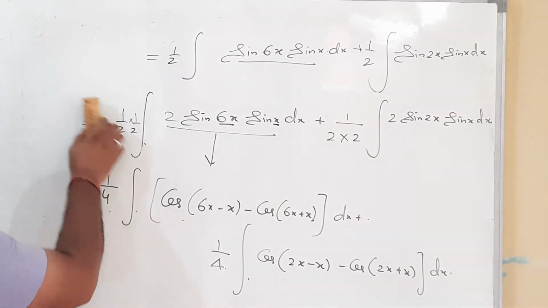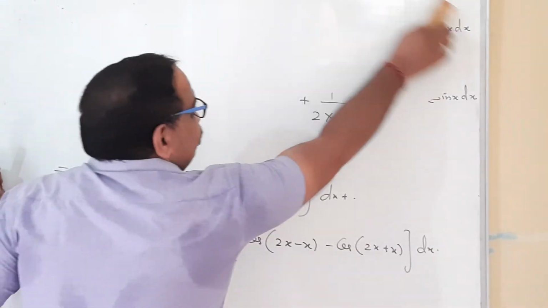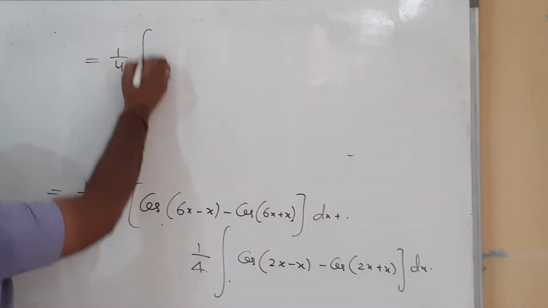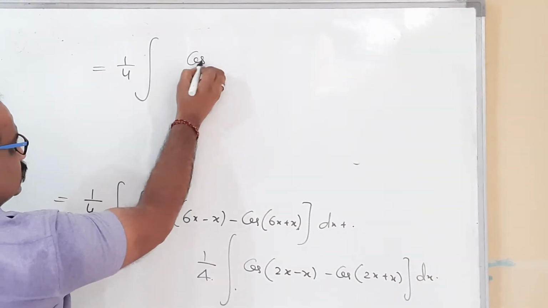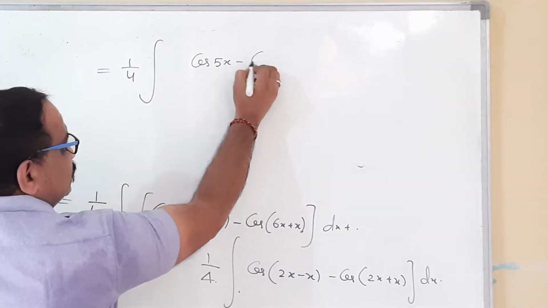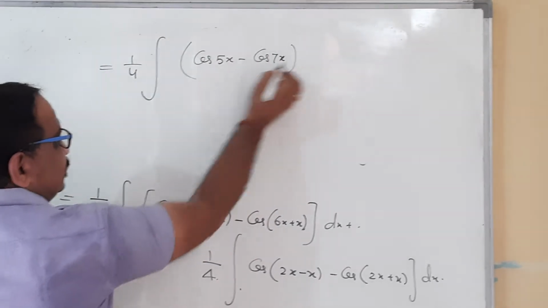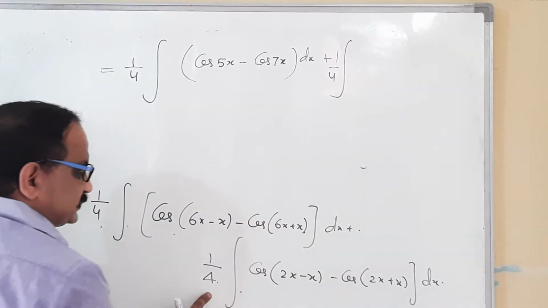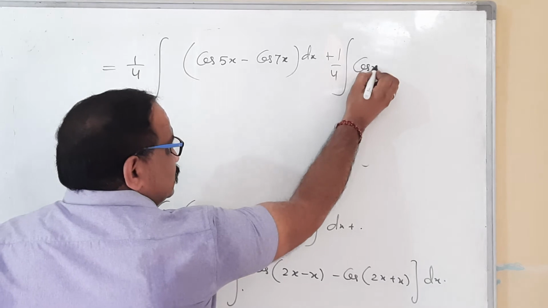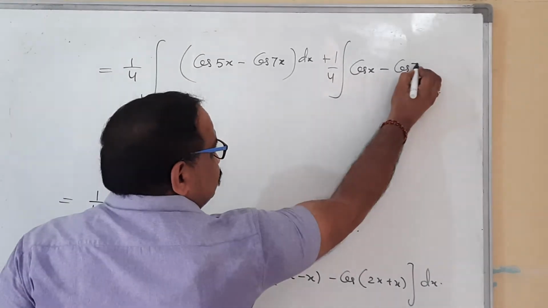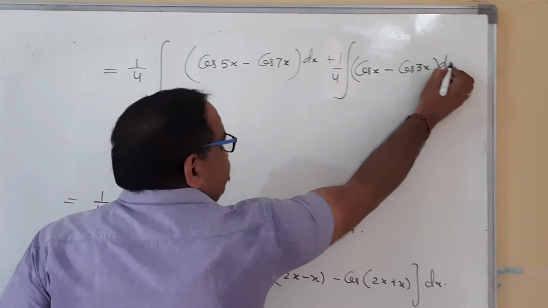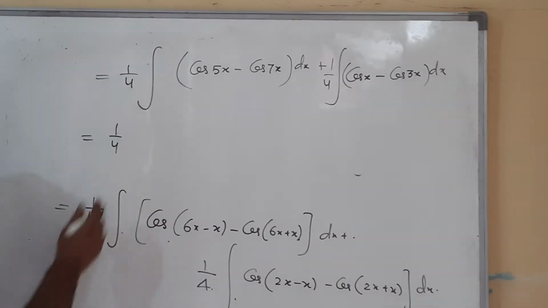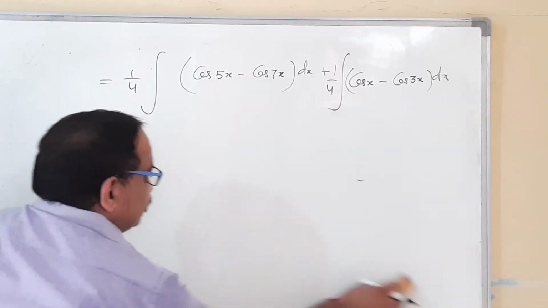So first we simplify a little bit, and after that we integrate. Finally the form that comes to us is 1 by 4 integration of cos 5x minus cos 7x dx, plus, outside the frame, again 1 by 4, and inside cos x minus cos 3x dx. Now everything is under command, and we are able to integrate them individually.